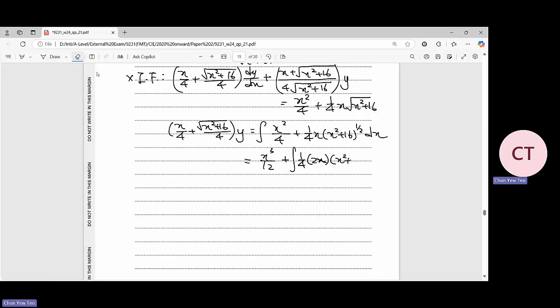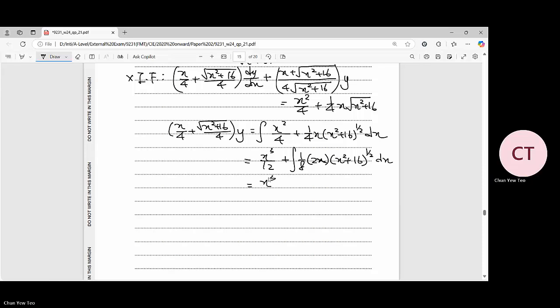This one is 1 over 8, 2x, times x squared plus 16 to the power of half, dx, because I'm using the formula of f prime multiplied by f(x) to the power of half. I'm using this formula to integrate.